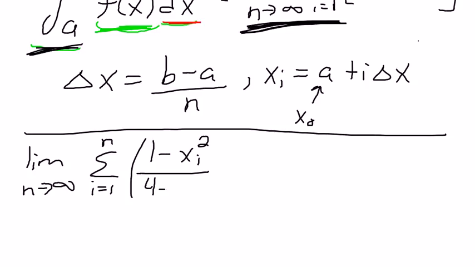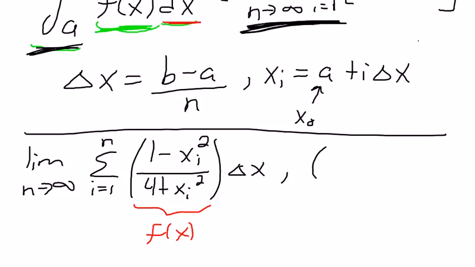Now remember that in this case, because we're using the sum, the x is going to be some ith integer, and that's our f of x from before, times delta x. And that's going to be from 2 to 6. It's going to be your a, your b value.